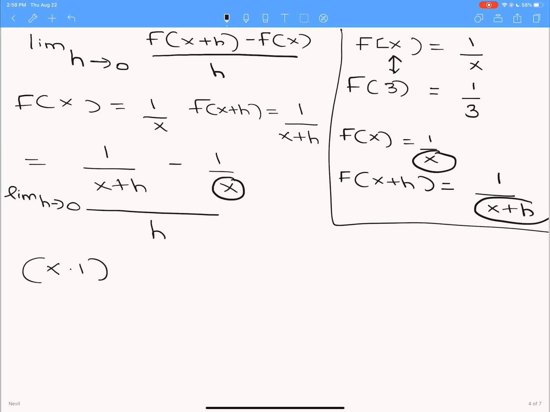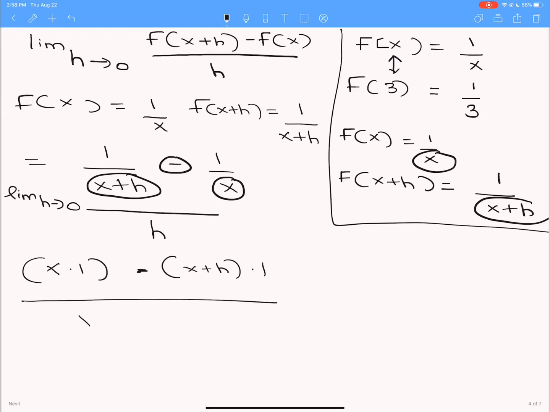Then the same thing, minus, then I take x plus h and multiply that with 1, divided by x times x plus h. So basically just multiplying the bottoms of the two fractions, whole divided by h.